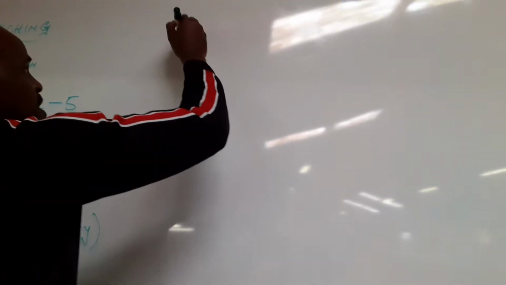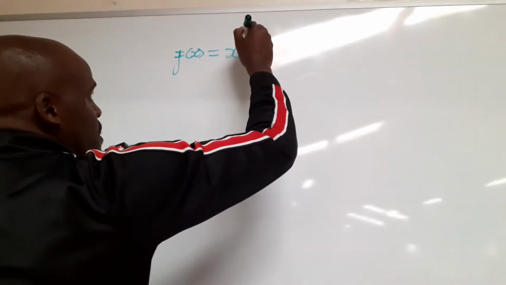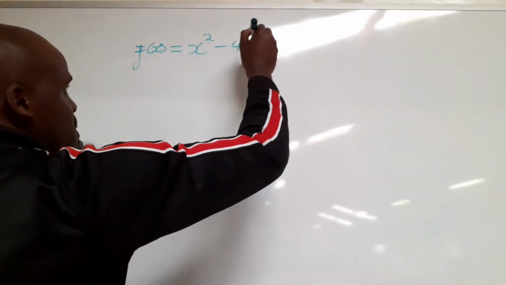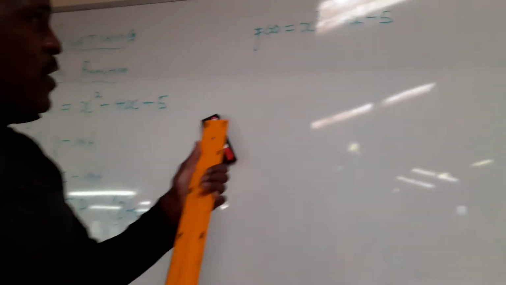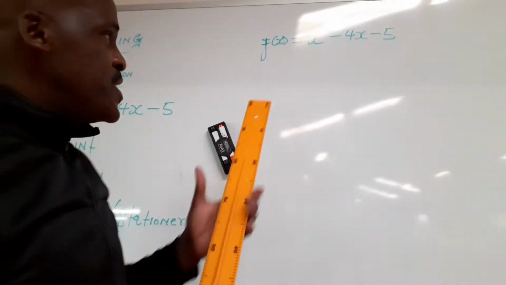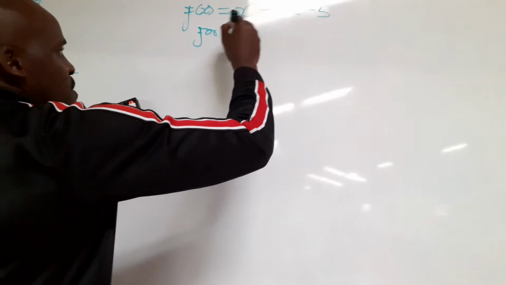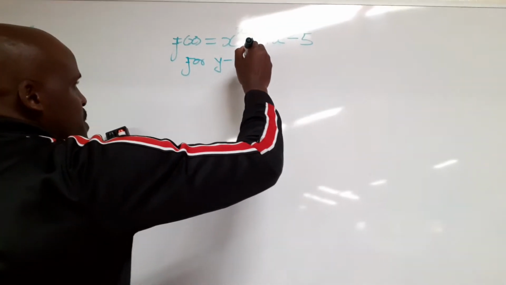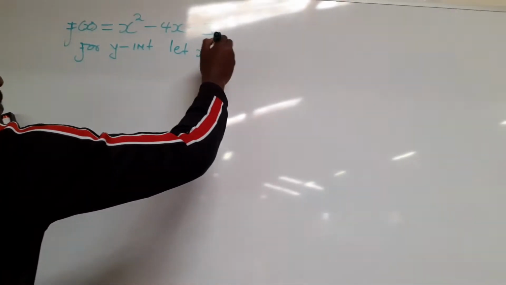Right, the given equation here is f(x) equals x squared minus 4x minus 5, right? We are to first find the y-intercept. For the y-intercept, we let x be 0.